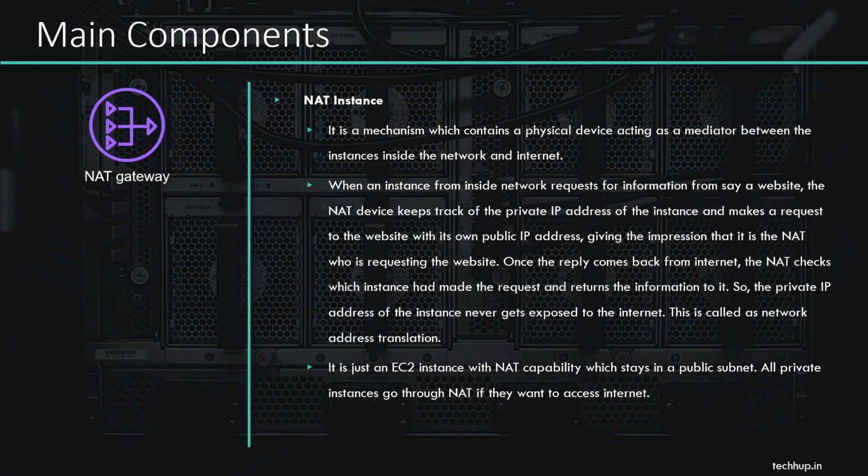It needs to connect to the internet and download these patches in these kind of scenarios where we want the resources within the subnet to access the internet and not vice versa. In such cases, we can use NAT devices.